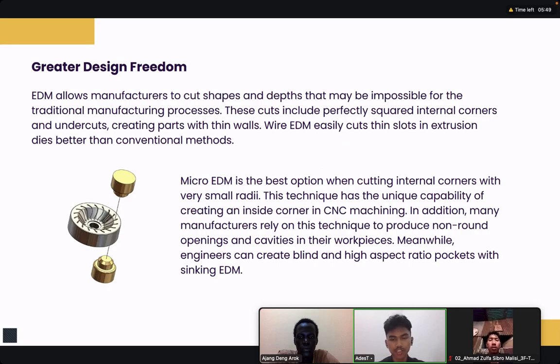Micro EDM is the best option when cutting internal corners with very small radii. This technique has a unique capability of creating an inside corner, unlike CNC machining. In addition, many manufacturers rely on this technique to produce non-round openings and cavities in their workpieces. Meanwhile, engineers can create blind and high aspect ratio pockets with sinker EDM.